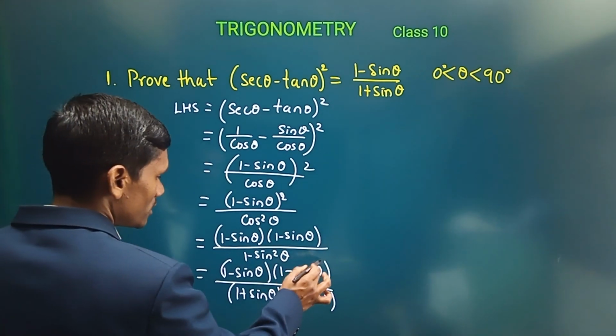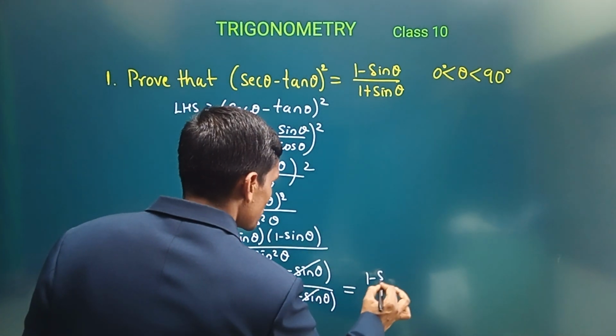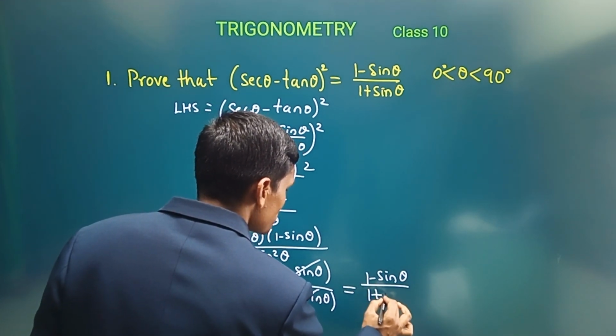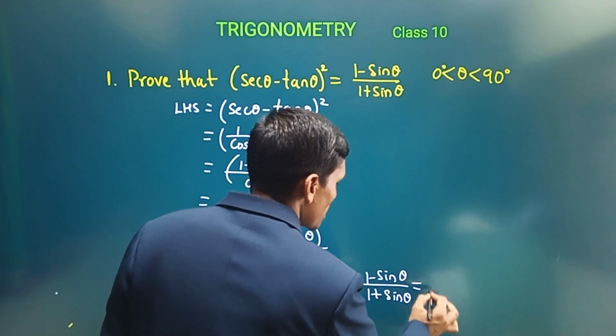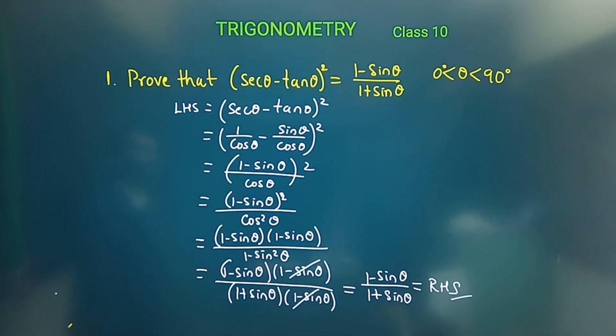So here these will get cancelled. What remains finally is (1 minus sin theta) by (1 plus sin theta). Hence RHS is proved. So this is how we can prove it.